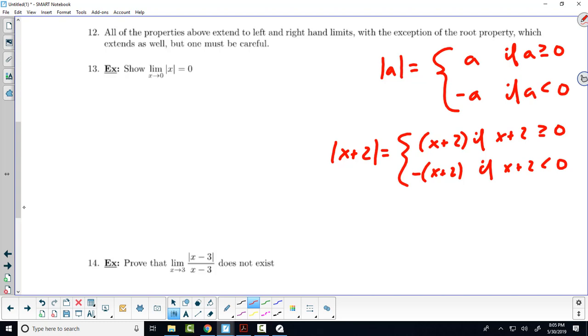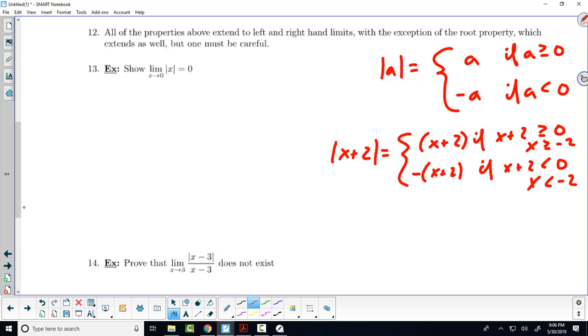Now, if you want to, you could solve this inequality right here, right? x plus 2 is greater than or equal to 0. That happens when x is greater than or equal to negative 2. And this happens when x is less than negative 2. And that should fit, right?